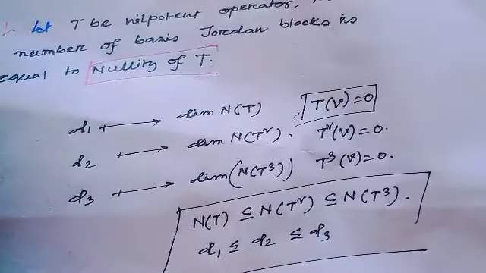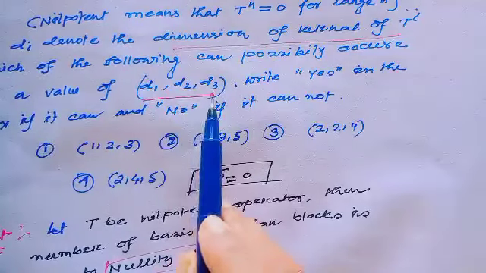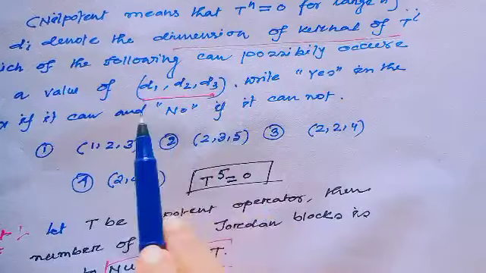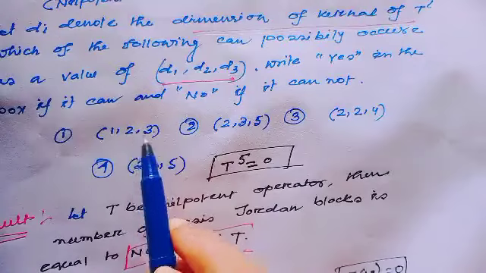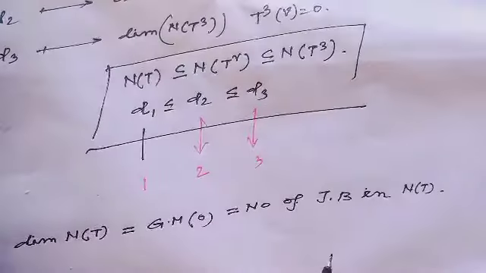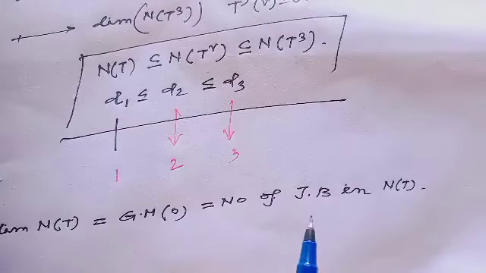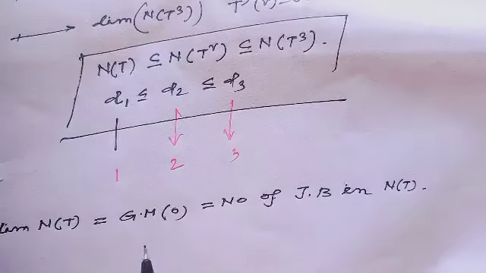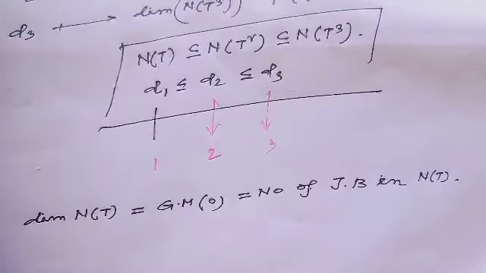Here we have to find the possibility of d1, d2, d3. At first, consider d1 equal to 1, d2 equal to 2 and d3 equal to 3. We know the dimension of the null space means the number of Jordan blocks, which, since in a nilpotent matrix the only eigenvalue is 0, is the geometric multiplicity of 0.